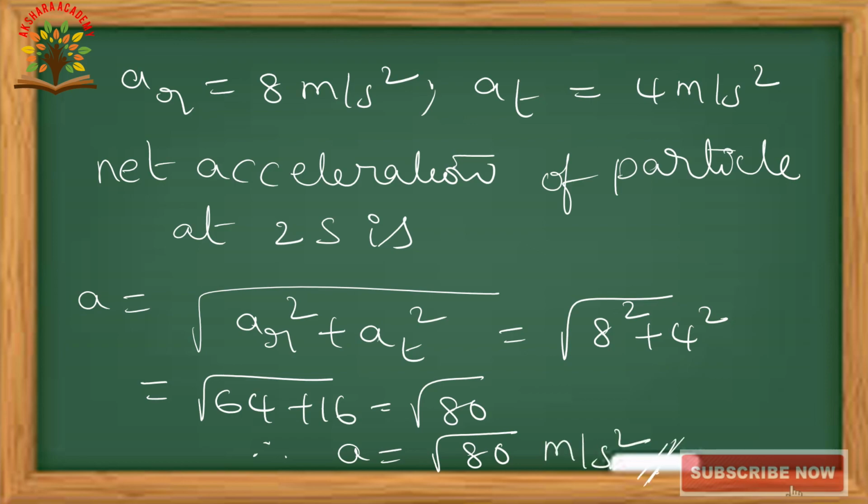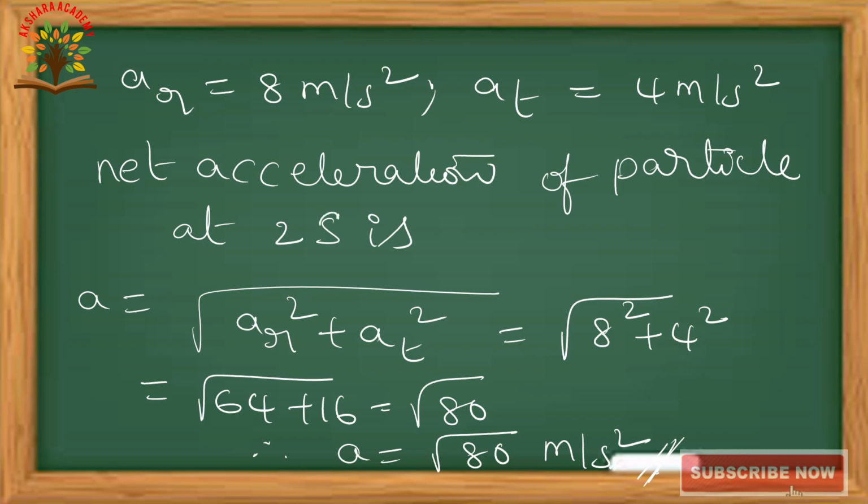First we should calculate AR, that is the radial acceleration, by using the formula v square by r, and we are getting 8 meters per second square. And then the tangential acceleration AT, we are getting 4 meters per second square. After getting these two values, we have to calculate the net acceleration of the particle at 2 seconds.